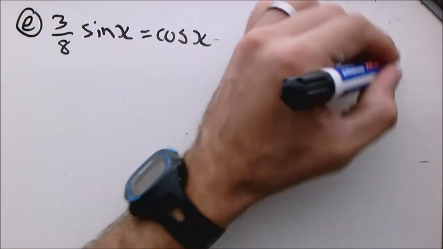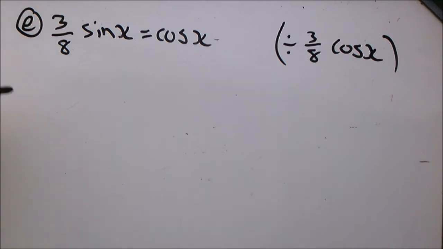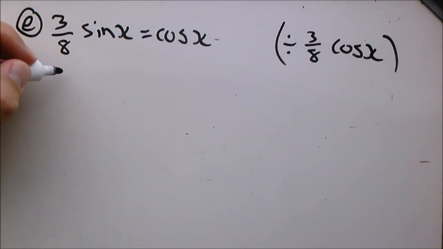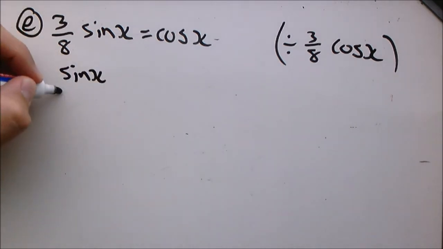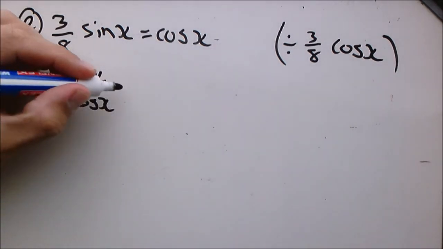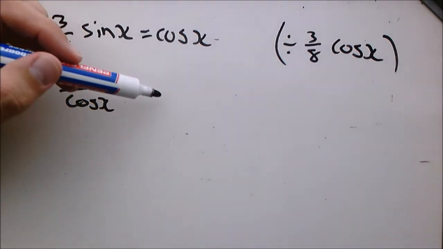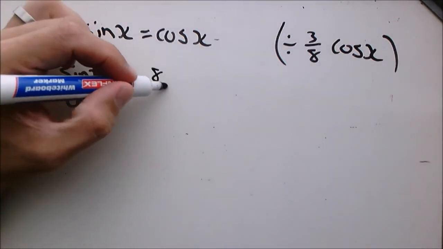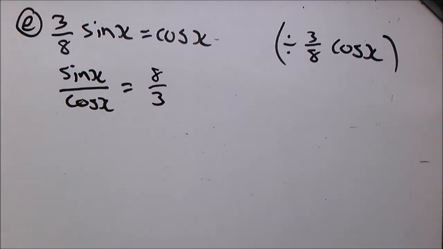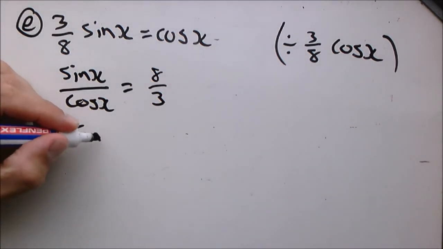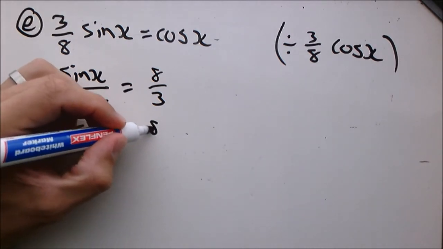So on our left hand side we will be left with sine x over cos x. On the right hand side we will be left with 1 divided by 3 over 8, so this becomes 8 over 3. So that then means tan x equals 8 over 3.